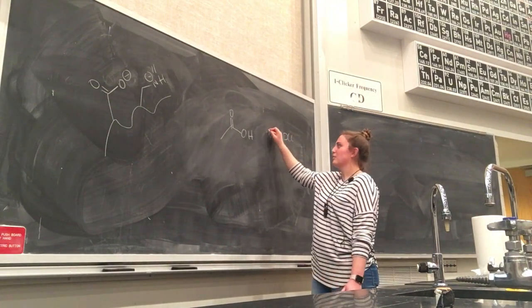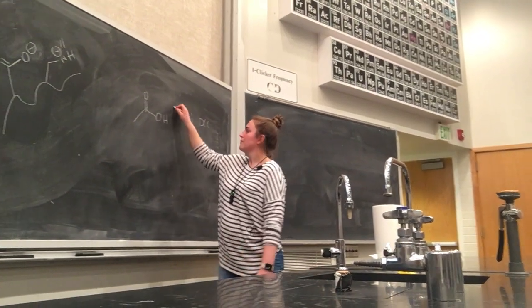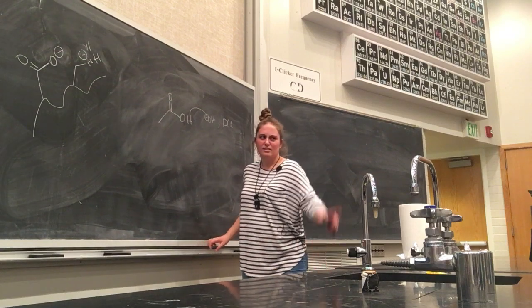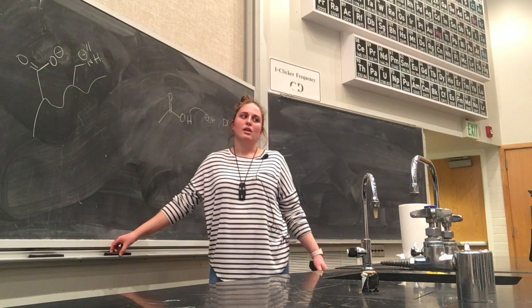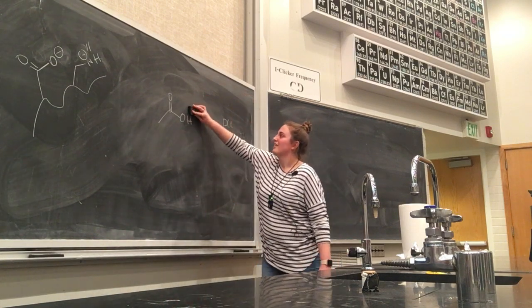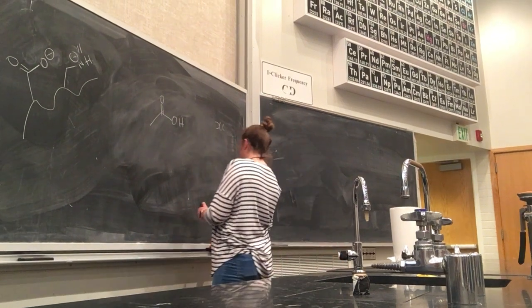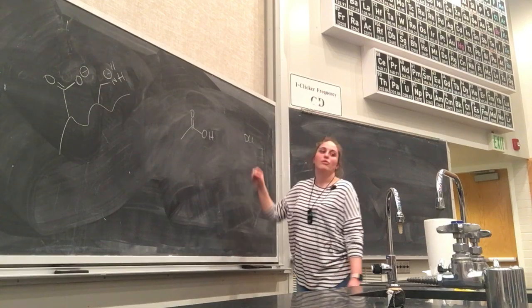I can't remember exactly what he uses, but something to deprotonate the carboxylic acid. Imidazole. Is that kind of what you're gonna say? Yeah, you're right. There is a nitrogen that can deprotonate. You're right.